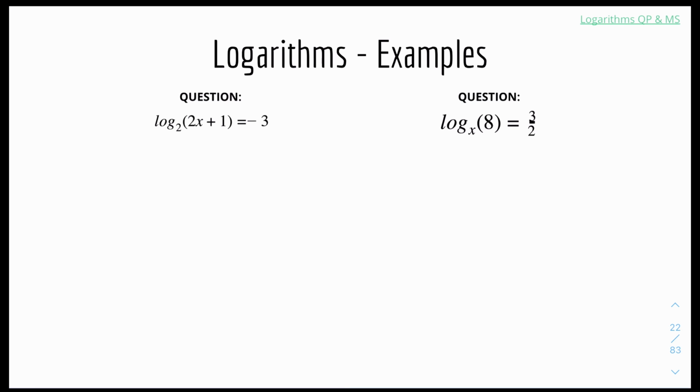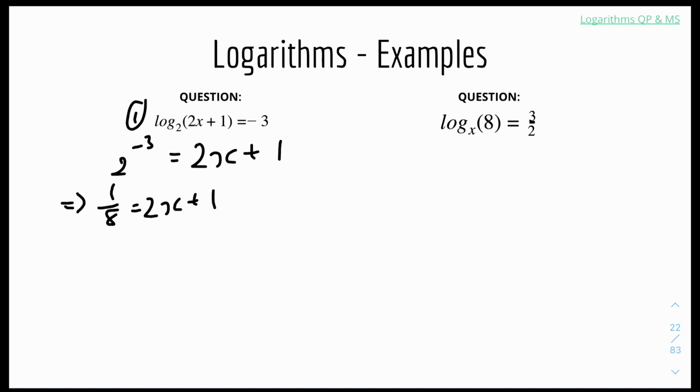Then we have some examples for logarithms. We have question number 1, log base 2 of 2x plus 1 equals minus 3. So you can just convert this into normal form. 2 to the power of minus 3 equals 2x plus 1. So it will equal 1 over 8 equals 2x plus 1.